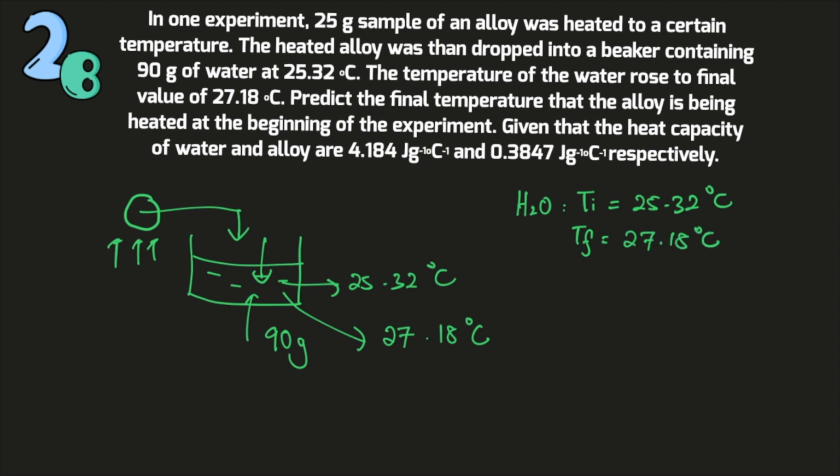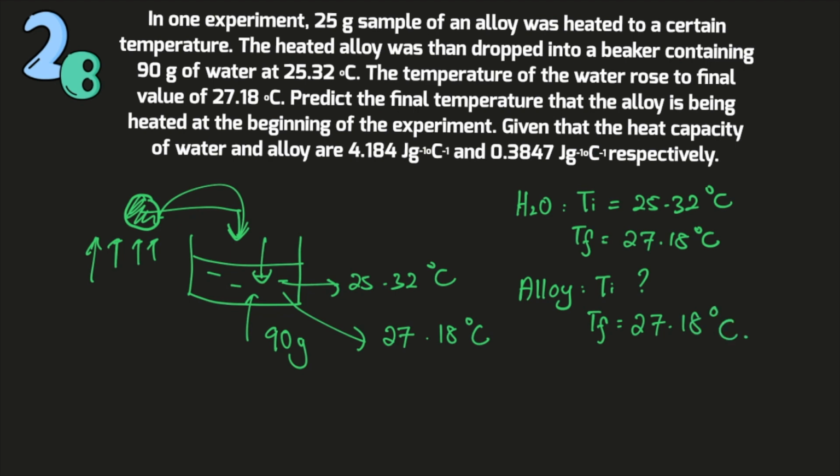But for the alloy, the initial temperature should be the last temperature just before it is put inside the water. The initial temperature we don't know, and for the final temperature, because we assume that after a while equilibrium will be reached, it shall be the same, 27.18 degrees Celsius.